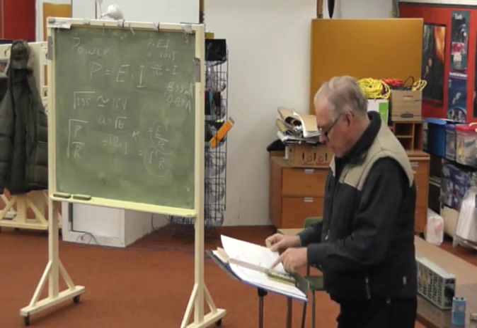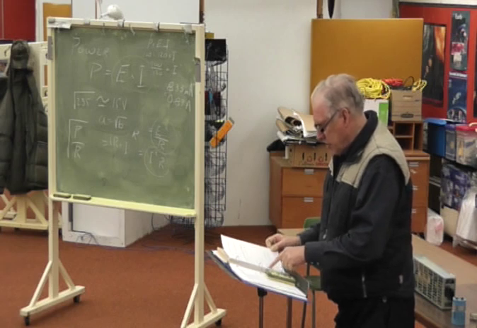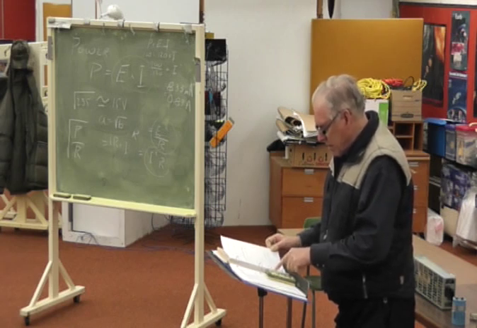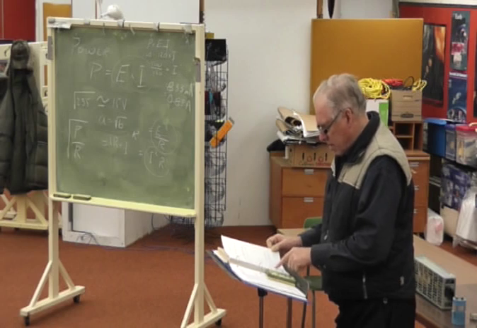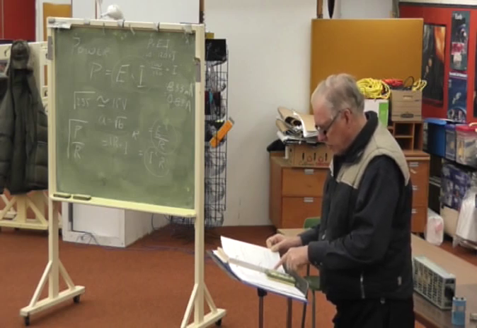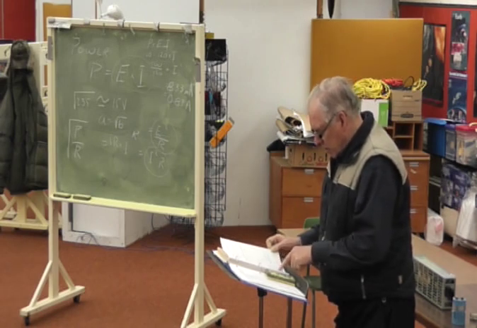So if you're trying to calculate watts from the top left corner of it, it's either E times I, or I squared R, or E squared over R. And the unit is in watts. And so on.